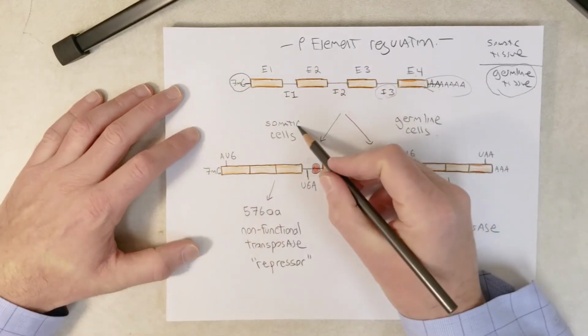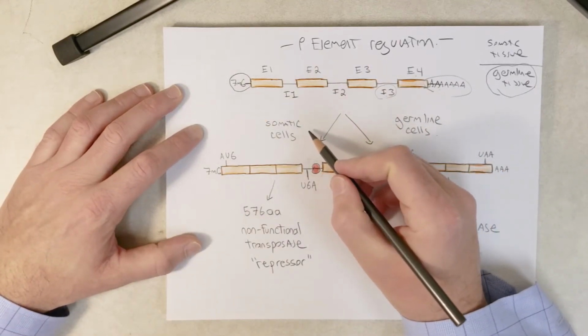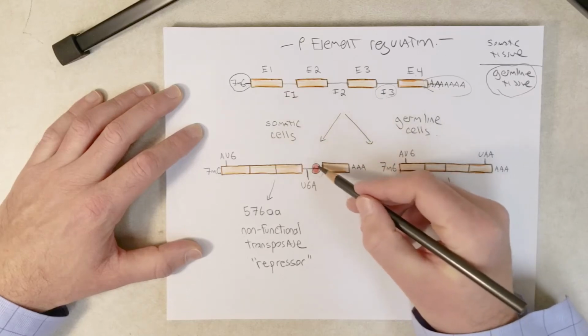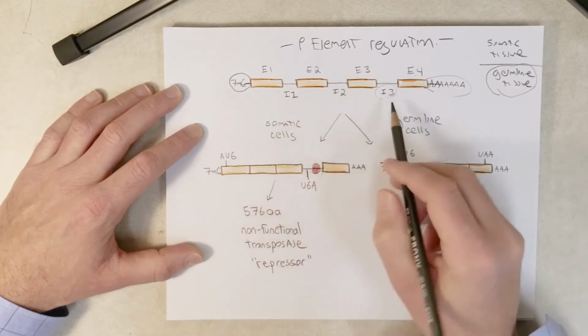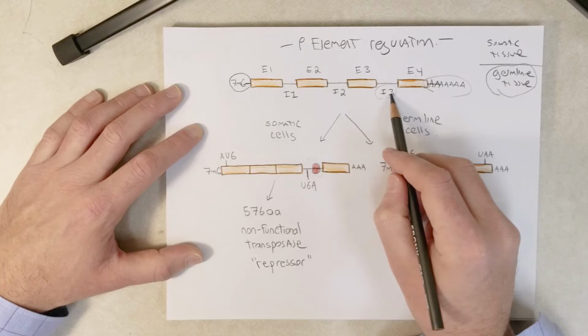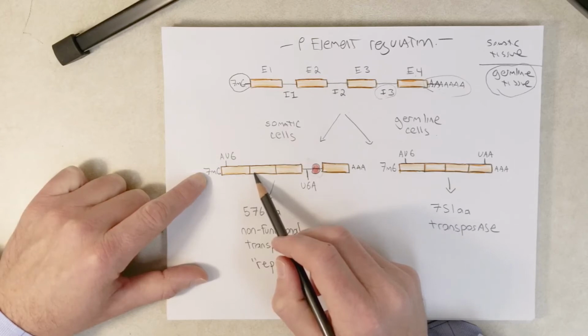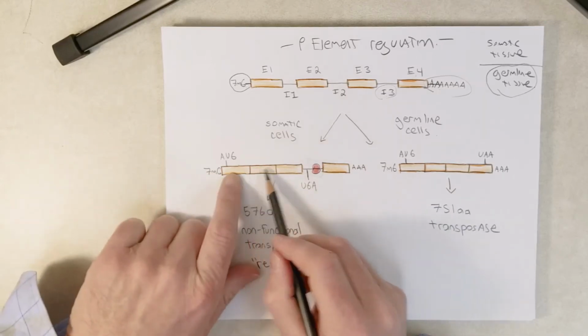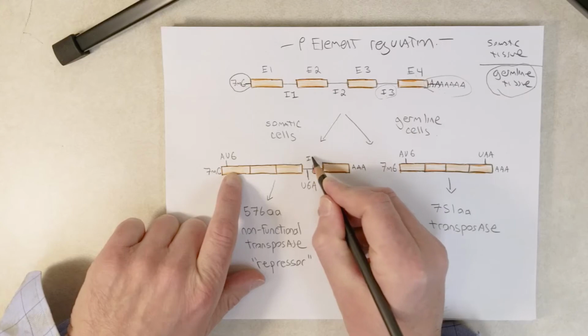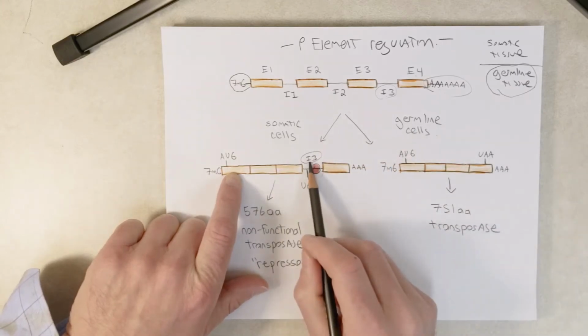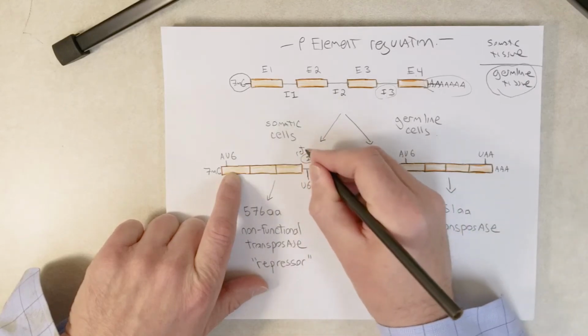Somatic cells express a protein that binds to the third intron here and keeps it from being removed. So the P element messenger RNAs that are translated in somatic cells have all 4 exons, but they also have intron 3, right? It's kind of weird to think that a messenger RNA can still have an intron. I guess we can call this a retained intron.